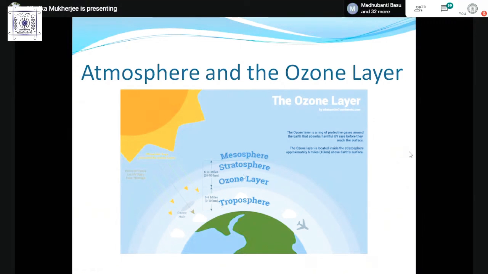So the ozone layer is one such layer of the Earth which acts as a shield, as a protective layer, as an umbrella. It protects the Earth. It is present at an altitude of 12 to 35 kilometers from the Earth's surface.